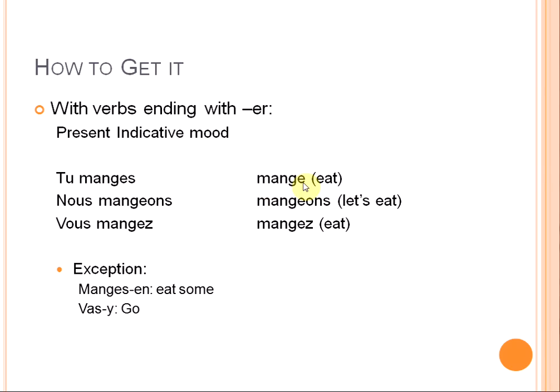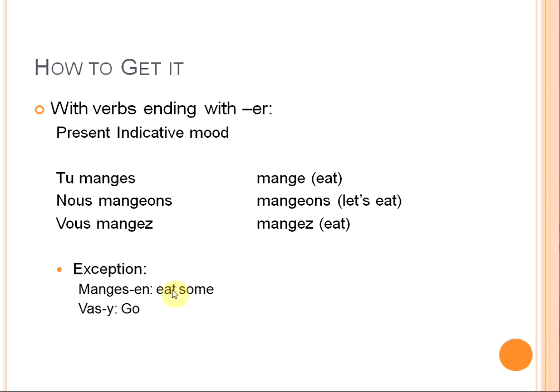Here you can see there is a difference. There is no s. You drop the final s to get the imperative mood only for the verbs of the first group, the verbs ending in er in French. There is an exception in these two expressions when you have a word starting with a vowel just after.